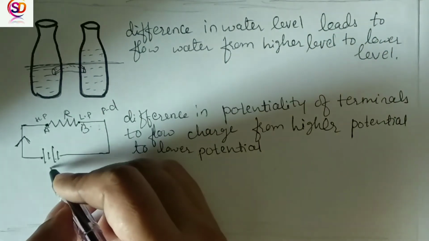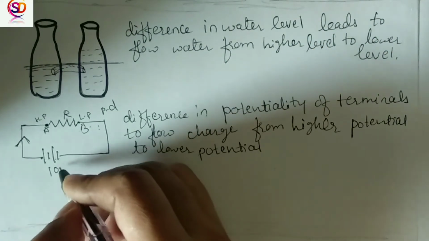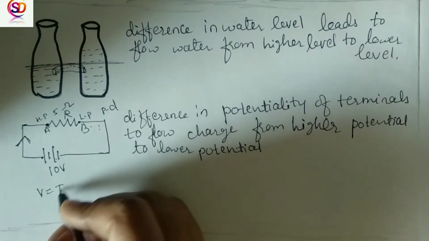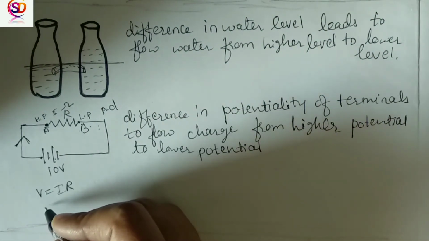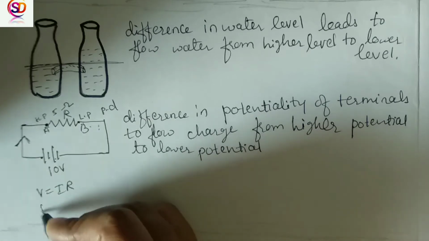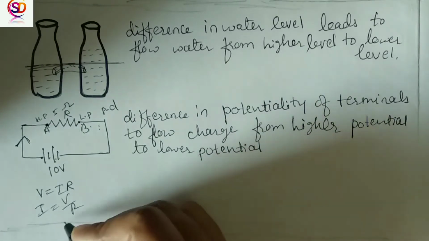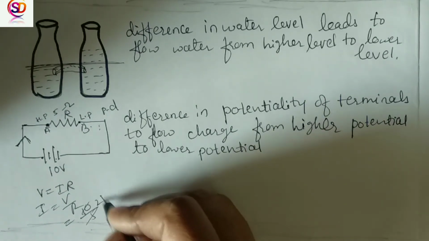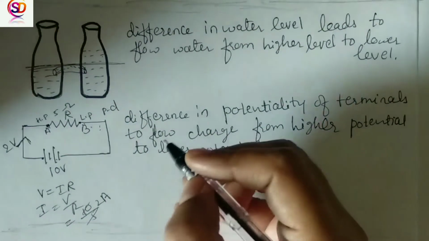Suppose this is a battery of 10 volt and this is a resistance of 5 ohm. Ohm's law states that V equals IR, so I equals V by R, that is 10 by 5, that is 2 ampere of current flowing through this circuit.